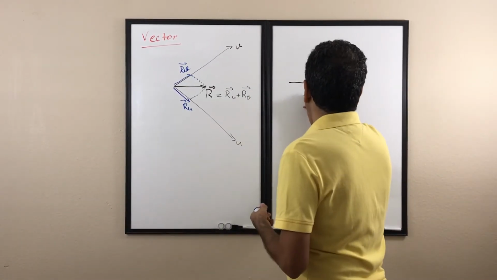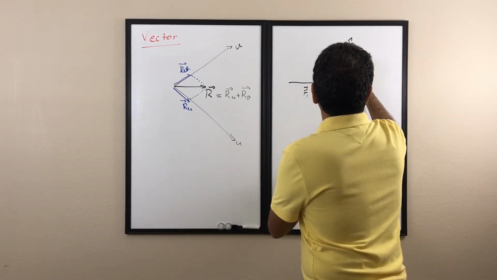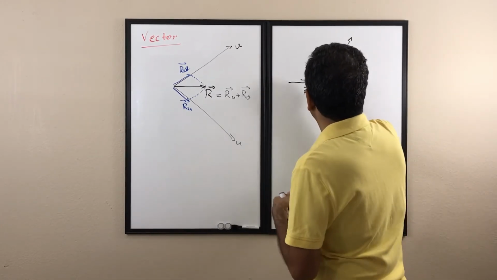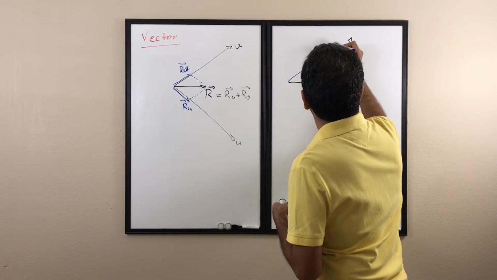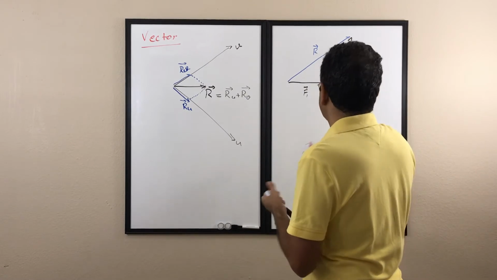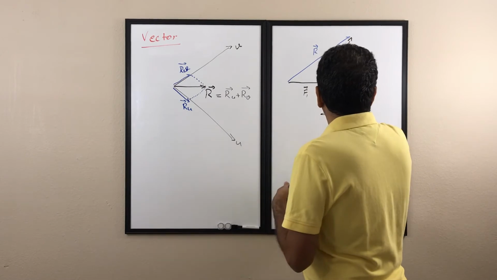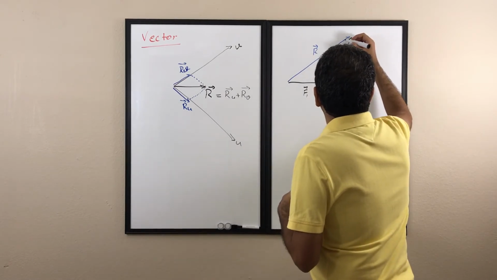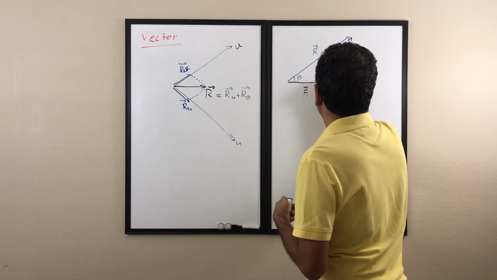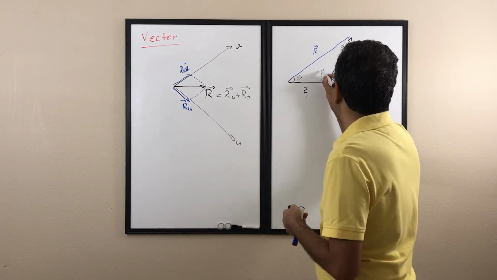So assume this is f1, this is f2, and here is the resultant force R. And assume this one is going to be alpha, this one is going to be beta, and this one is going to be gamma.